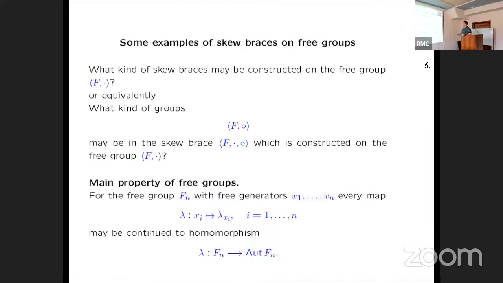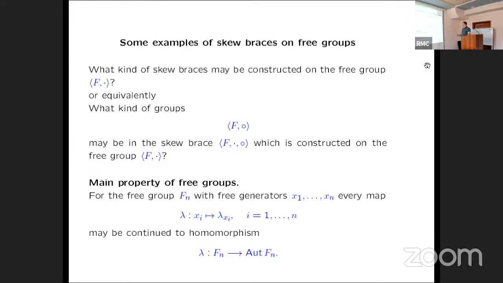And in the second part of my talk, I want to give some partial answer to the following question. What kind of skew braces may be constructed on the free group F, or equivalently, what kind of groups F with circle may be in a skew brace which is constructed on the free group F? And I use the main property of free groups.